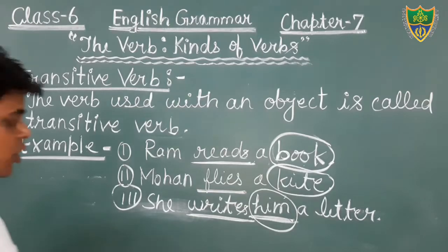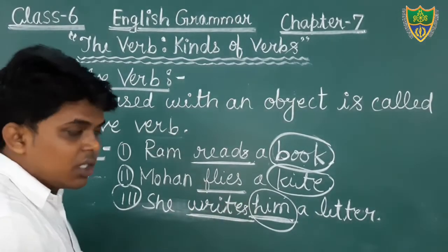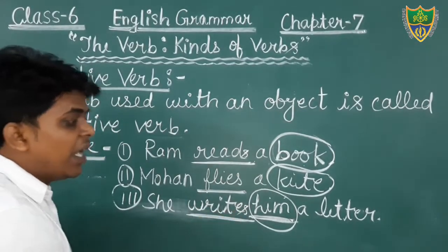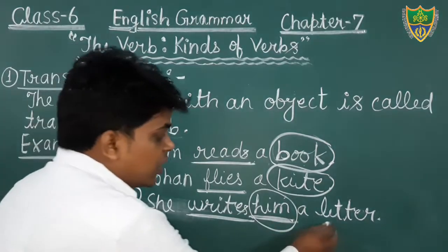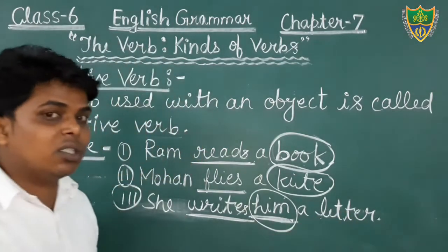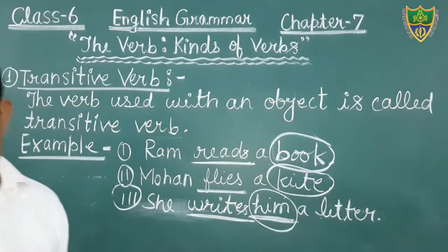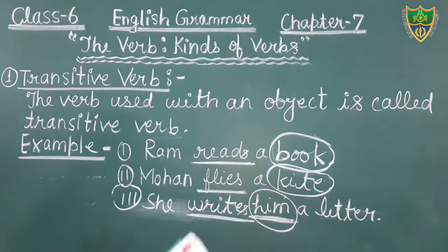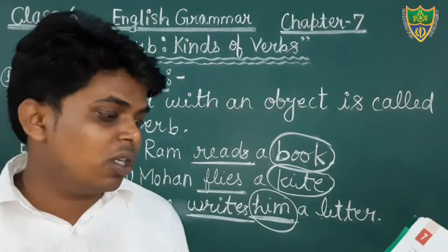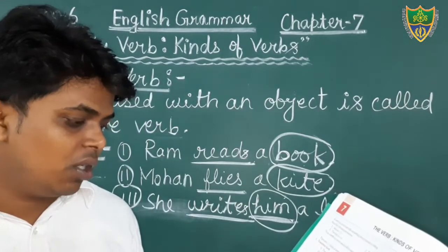We are putting the question with what. What does she write? She writes a letter. So a letter is the direct object. But here the word him is the indirect object. Okay, students? It is given in your book. You will read this in detail.